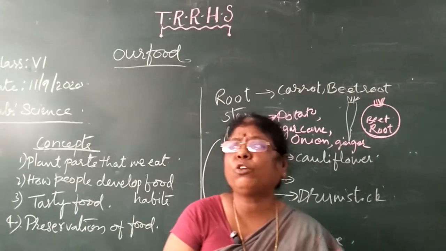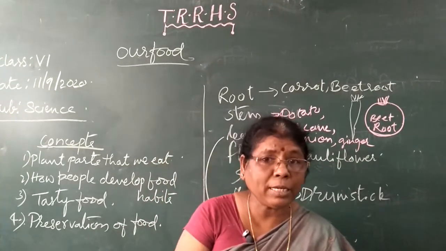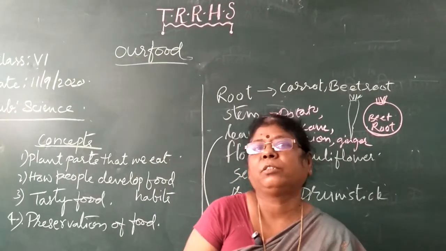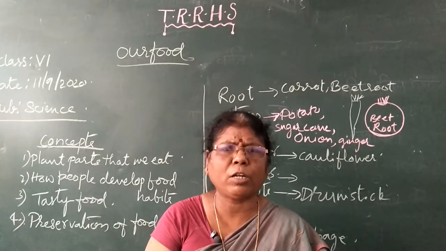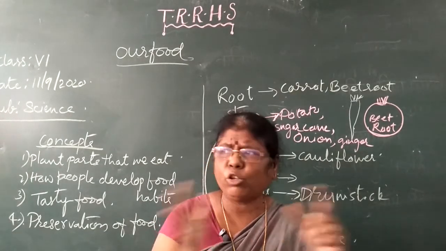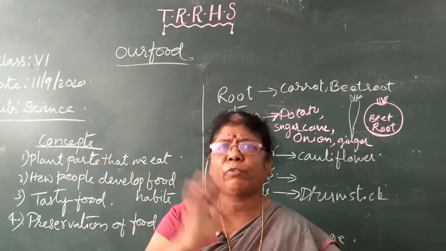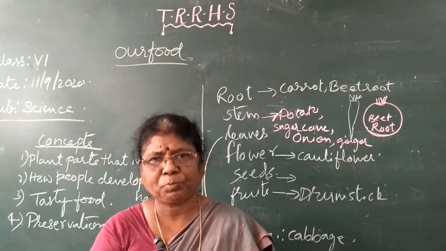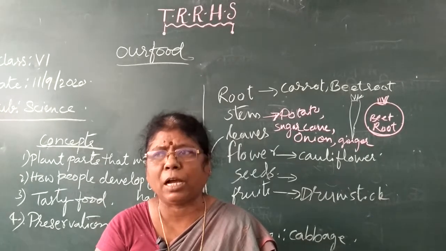Understood? Now, if you go to the northern side, Rajasthan or other states in the north, they eat more jawar, bajra, jawar roti, or wheat chapatis. They don't simply make plain wheat chapatis. Varieties of chapatis you will get there: aloo paratha, methi paratha, palak paratha, paneer paratha.